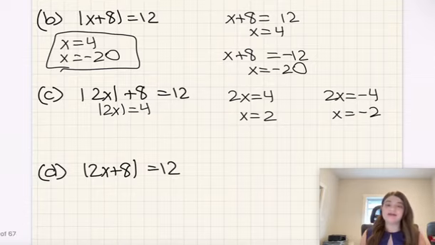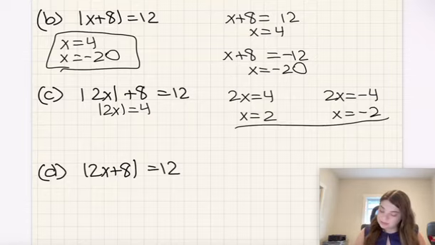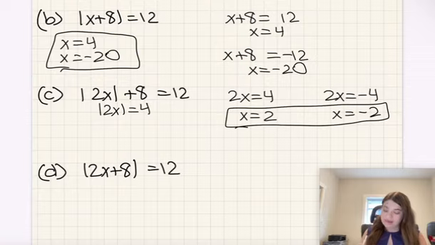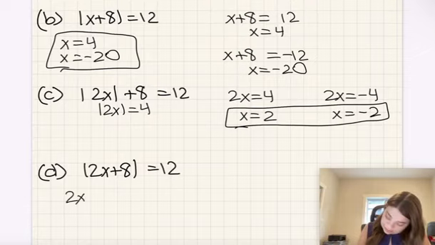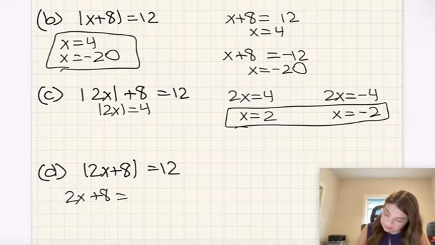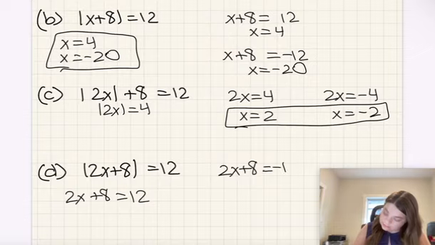Let's try this last one. This last one, we can actually skip the first step because we already have the absolute value bars in place. We can just write our equations and solve them. So if the absolute value of 2x plus 8 is equal to 12, that means either 2x plus 8 is equal to 12 itself, or that 2x plus 8 is equal to negative 12.